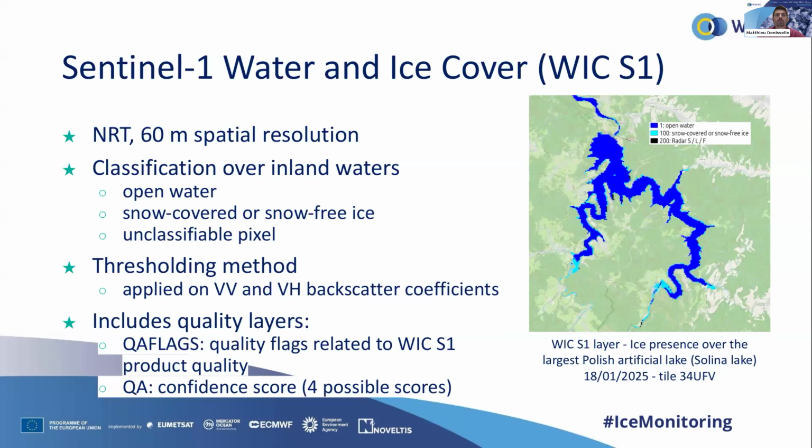So we have the information whether the pixel is water, ice, or it can be unclassifiable because of radar shadow, layover, or foreshortening. The algorithm is based on a thresholding method, and in the product you can also find some quality layers, the QA flags and the QA, which are the same as in the Sentinel-2 product.